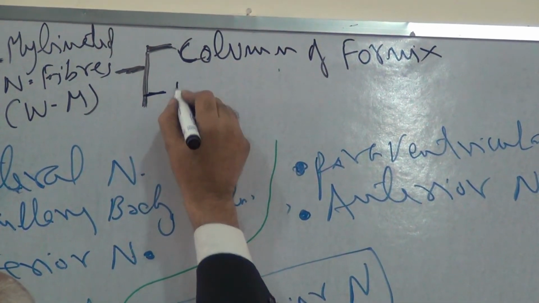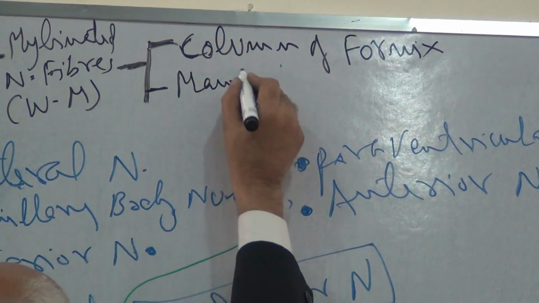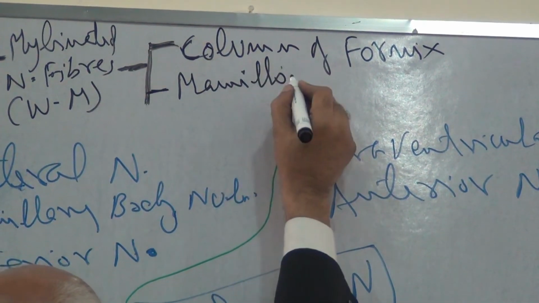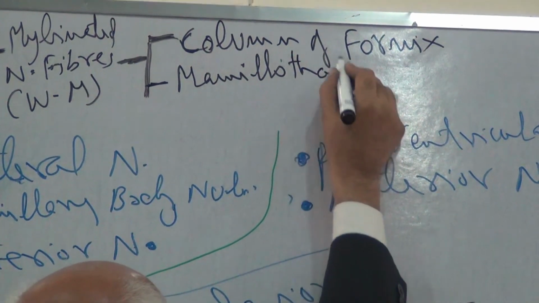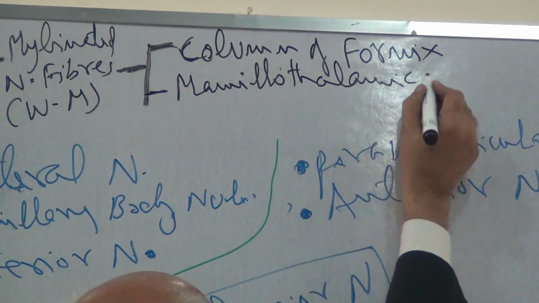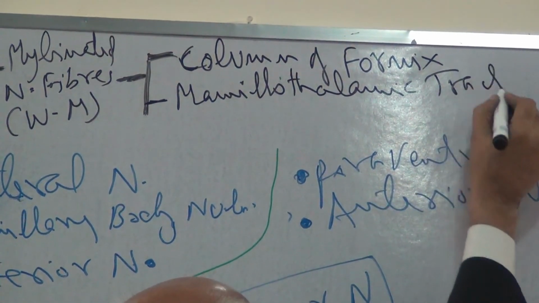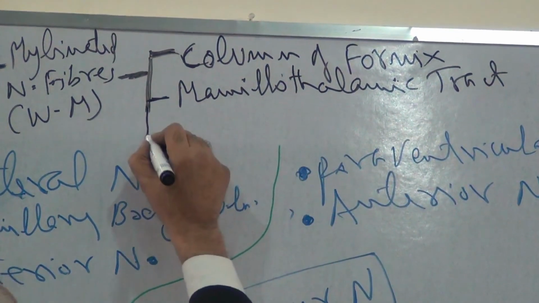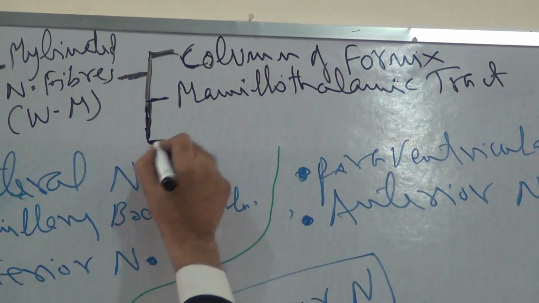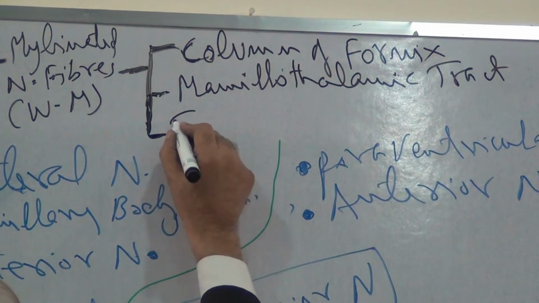Number 2, mammillothalamic tract, and number 3, fasciculus retroflexus.